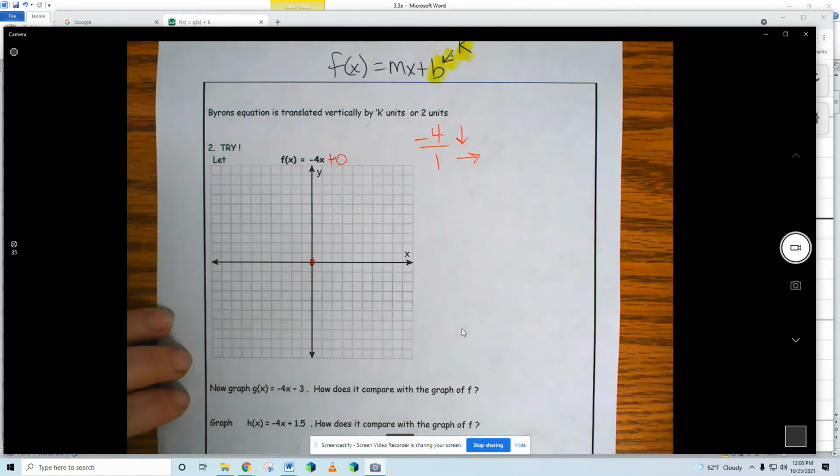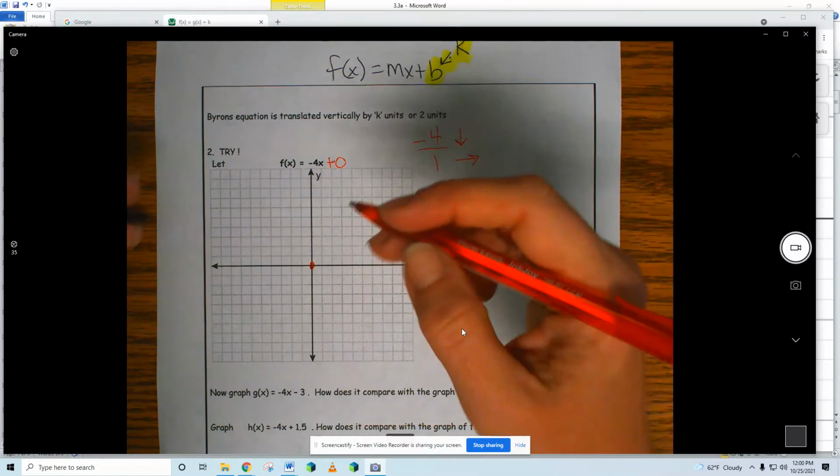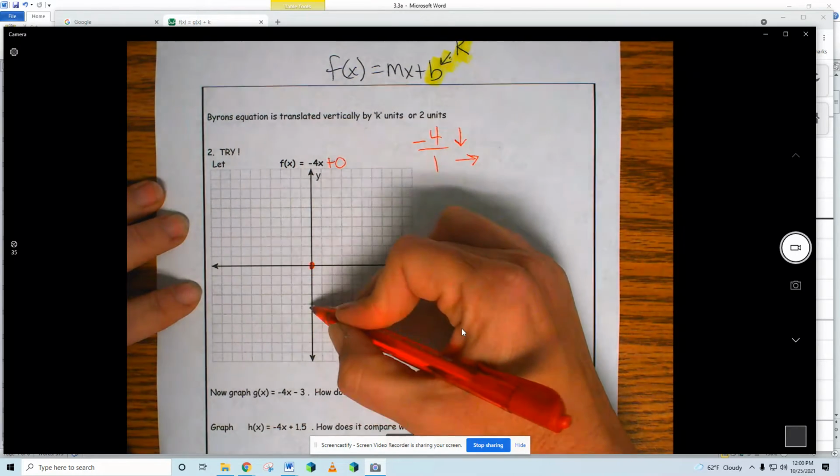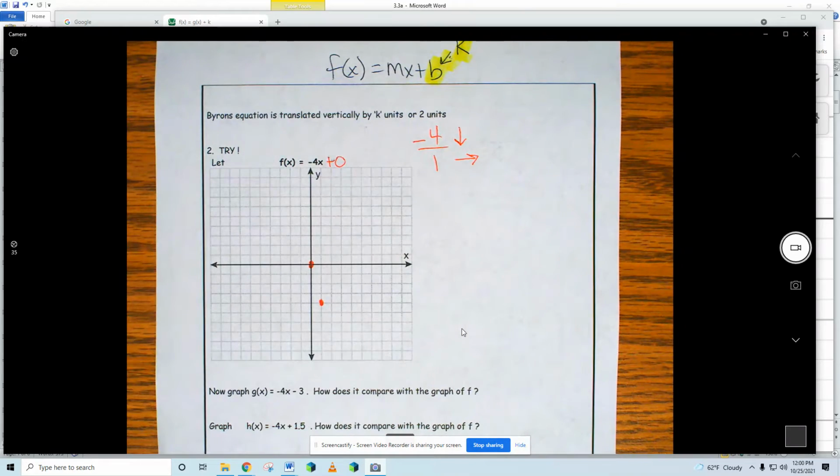And the over 1 is 1 to the right. Down 4, 1, 2, 3, 4, 1 to the right. I could go again.